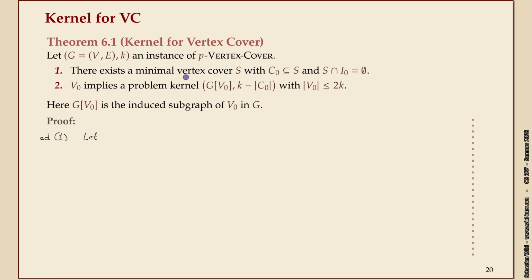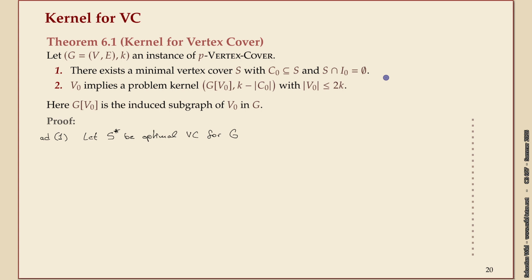So the thing is that the statement here, to be precise, only says there is some minimal vertex cover that contains all of C0 and nothing of I0. There might be other optimal solutions. So when we start, we assume that S is some optimal vertex cover. The goal will be to show that we can modify S, we call that one S star, to be like the S in the claim without making it bigger.